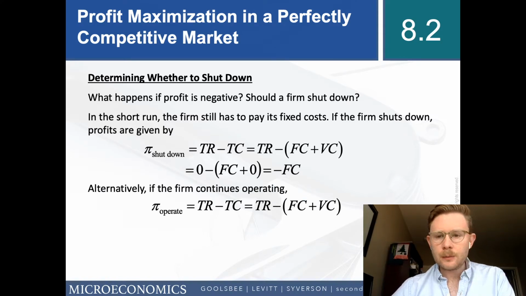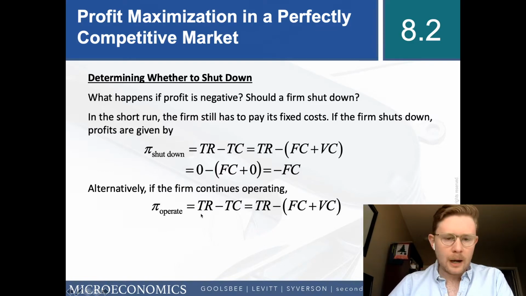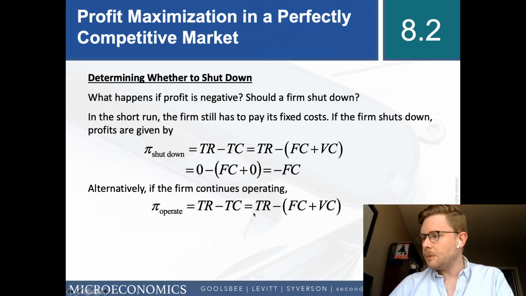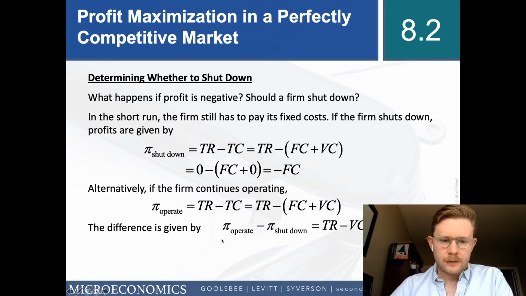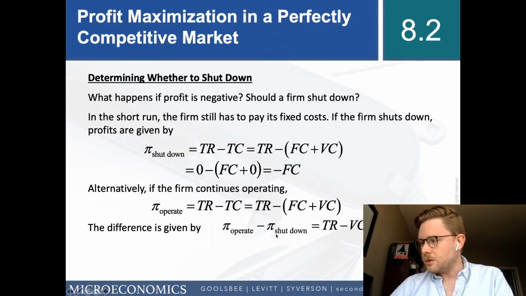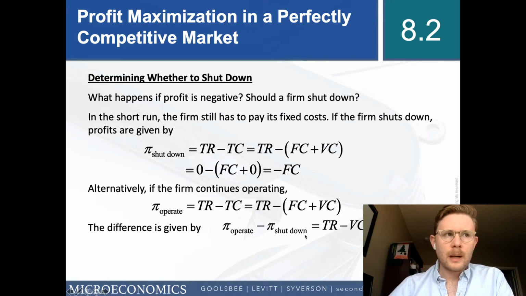However, if the firm keeps operating, you have this equation. Again, the profit is the same. It's the total revenue minus the total costs. But this time, the variable costs still factor into the decision. And you can find the difference between the decision to keep operating versus the decision to shut down as the total revenue minus the variable costs.